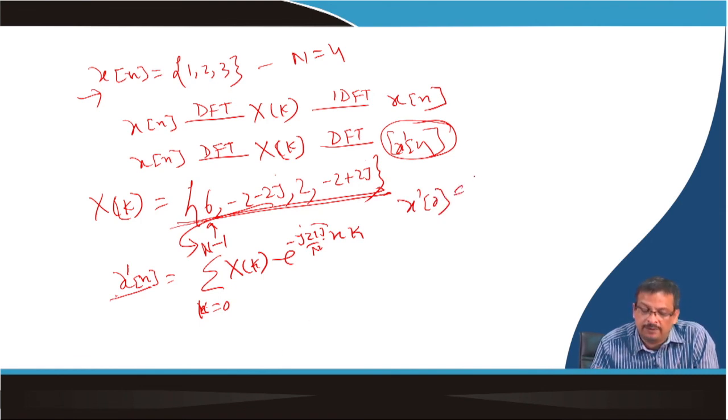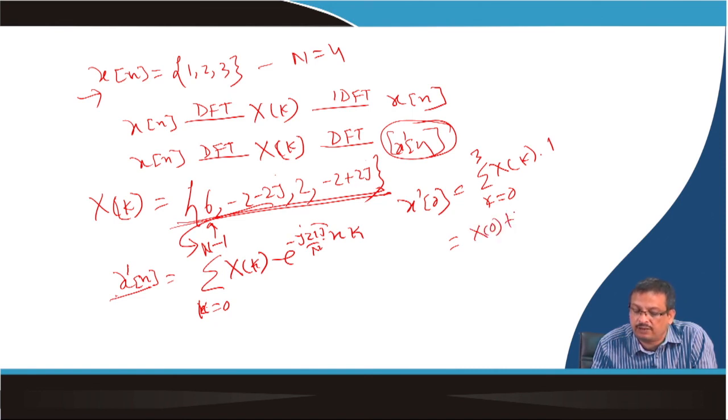It is nothing but sum over k equal to 0 to 3, X[k] into e to the power 0, which is 1. So it is X[0] plus X[1] plus X[2] plus X[3].